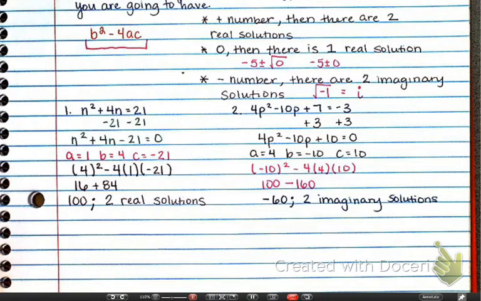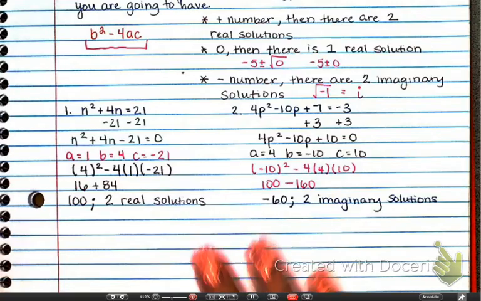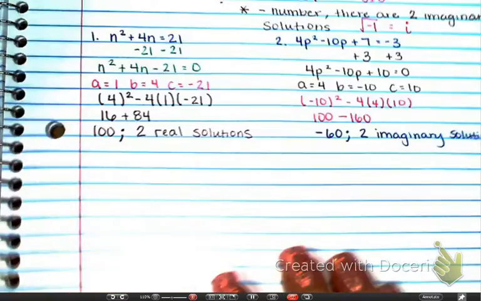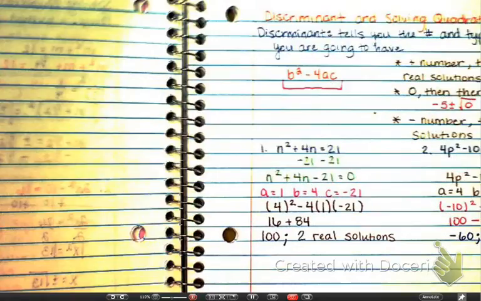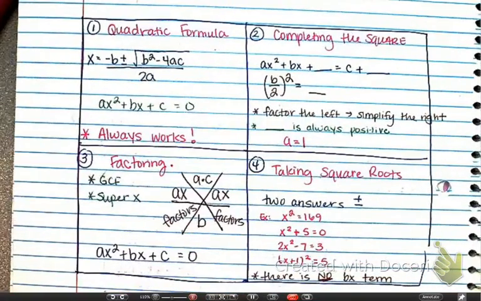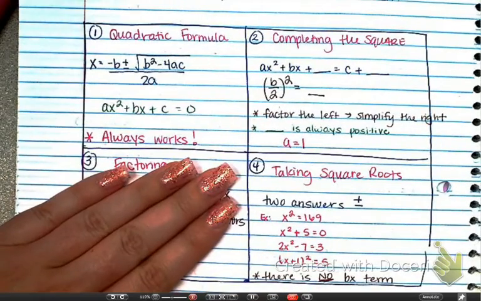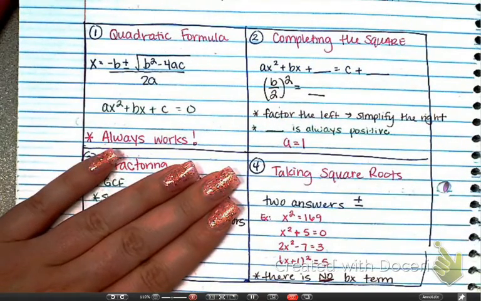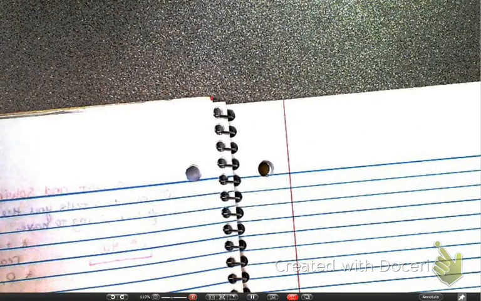Come Friday, I'm going to mix them all together, and you're just going to have to work them out and see what happens, okay? You're still going to use your same chart. So let me flip back to that chart so we remember. You're going to use your same chart from Monday that we created, with the 4 different types. Again, the only one you cannot do is factoring when it comes to imaginary solutions, but all the other ones are a possibility, and you should use the same criteria to get you there, okay?